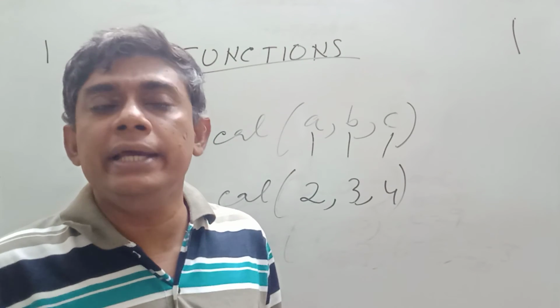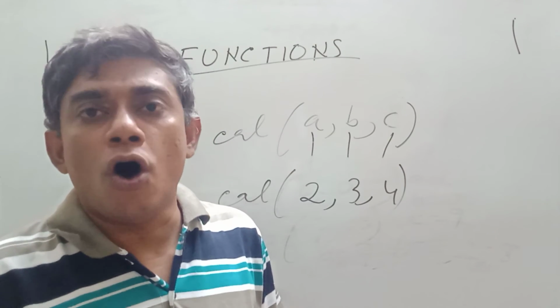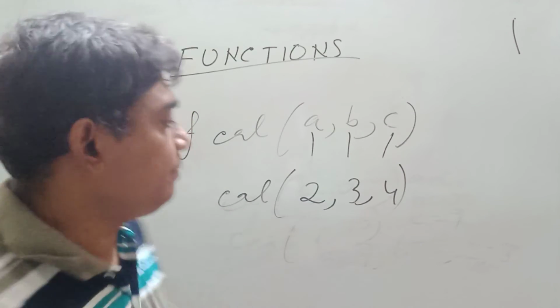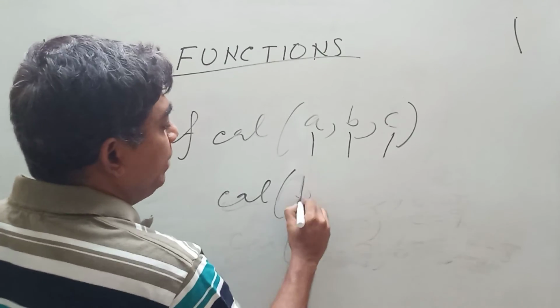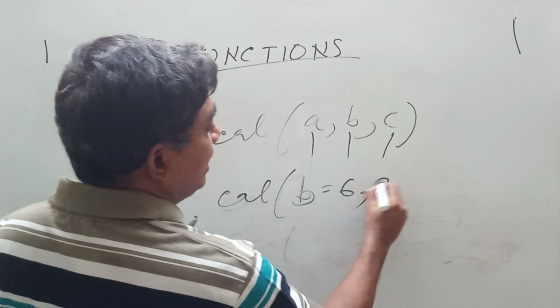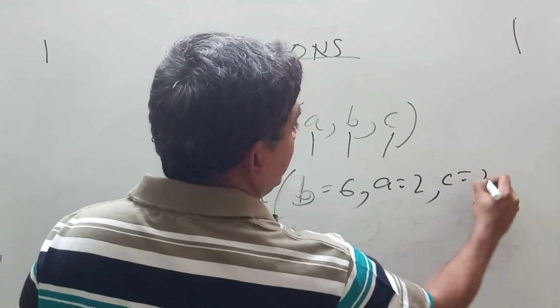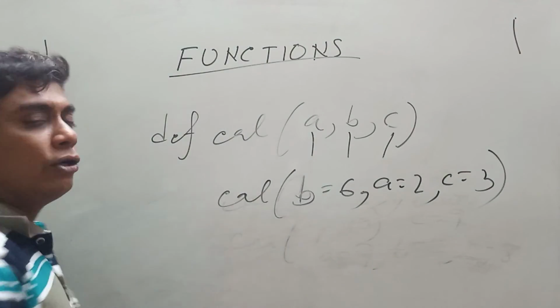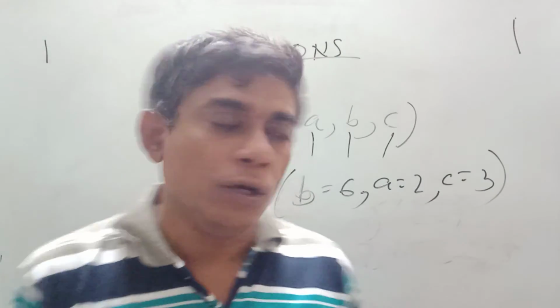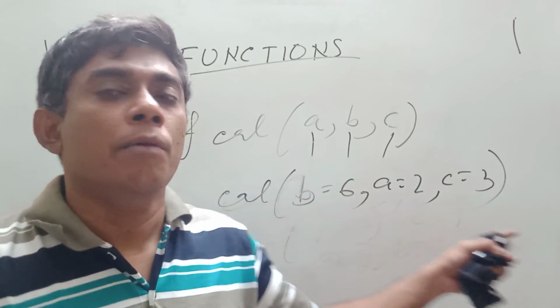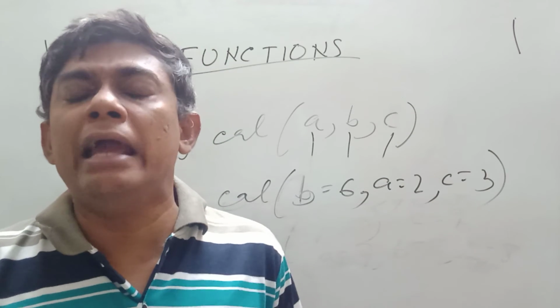Then we use keyword or named argument. Suppose you write here B equal to 6, A equal to 2, C equal to 3. In this way also we can pass arguments at the time of calling. So this is known as keyword or named argument.